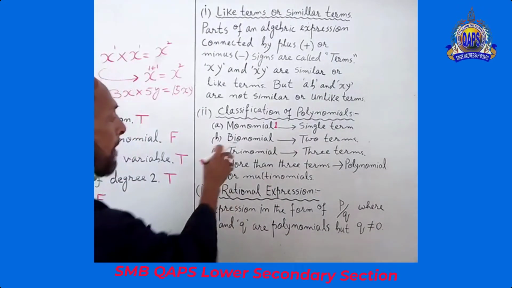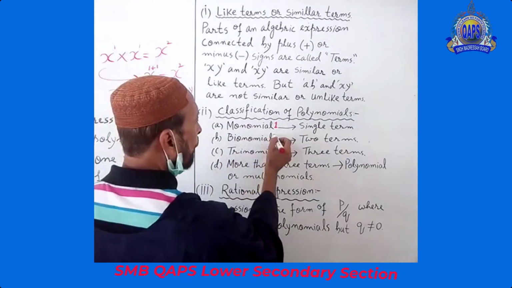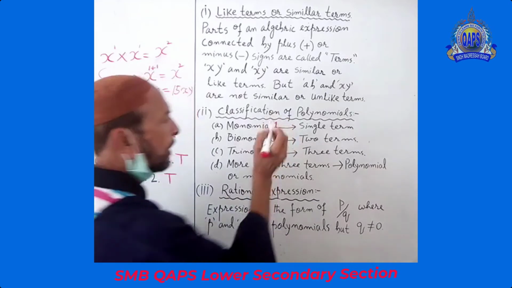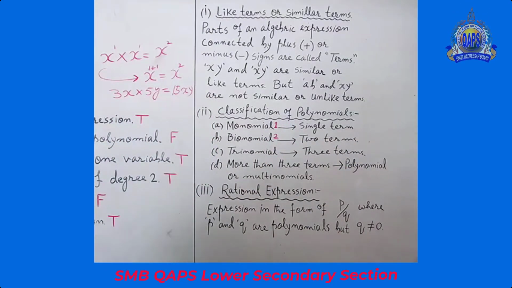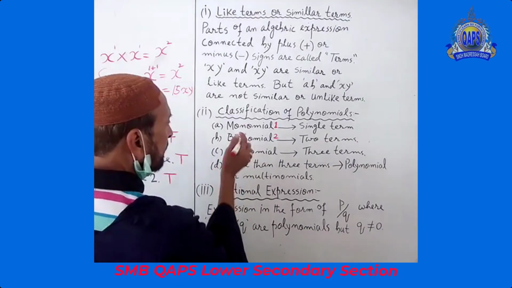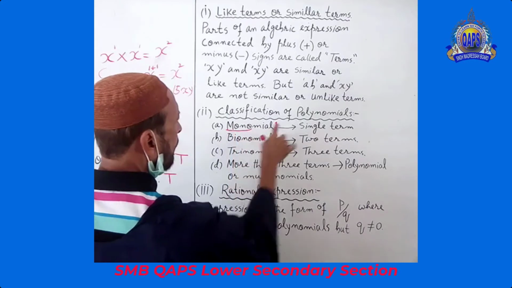Binomial, bi means two terms. See, mono, one.